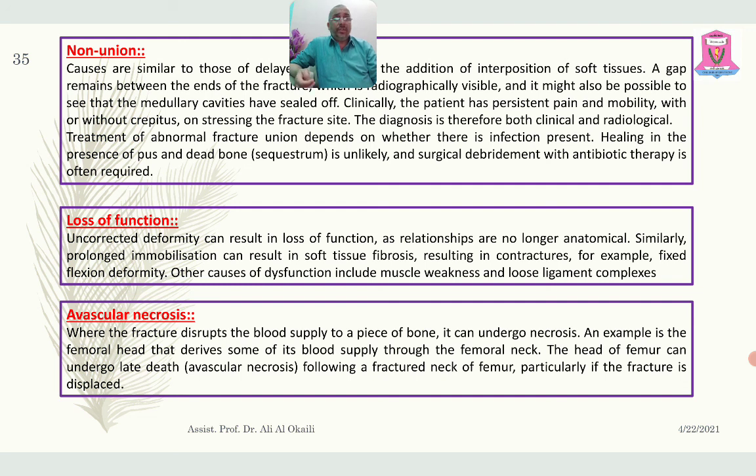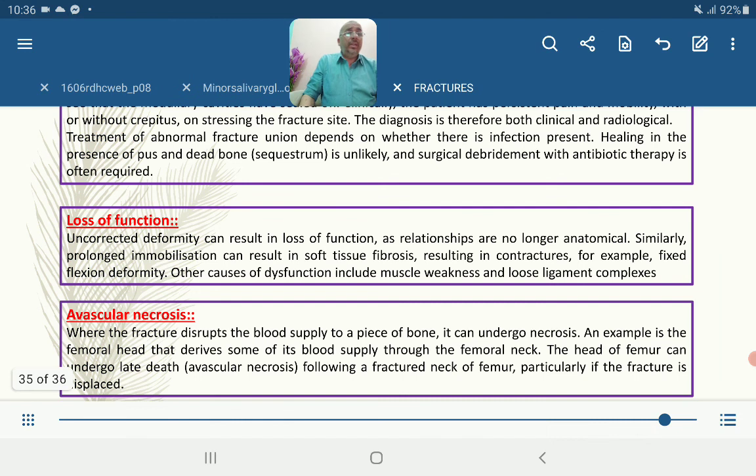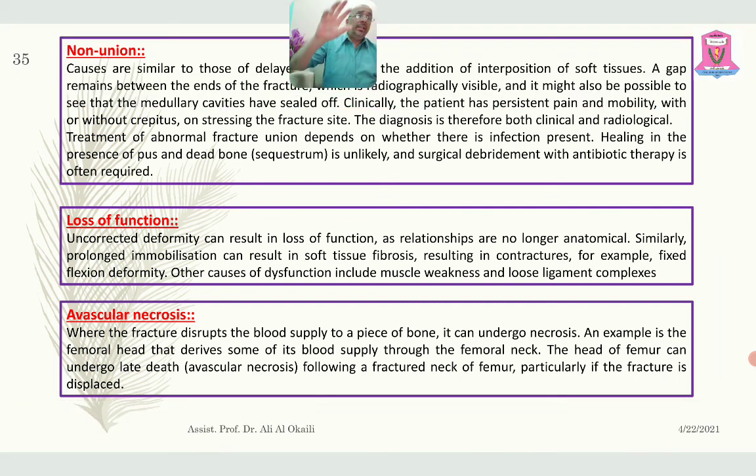Avascular necrosis: where the fracture disrupts the blood supply to a piece of bone, it can undergo necrosis. An example of this هو الفيمورال هيد. ليش دائما يقول لك نخاف من كسور الحوض؟ لأنه رأس الفخذ من ينكسر هذا يجي له البلد من بداية رأس الفخذ، لذلك إذا يصير كسر حيصير عندنا سبليتنج بالبلد سبلاي بيها.